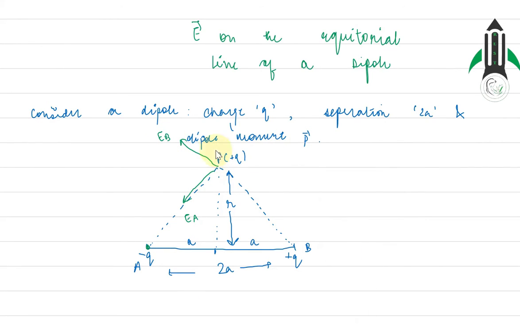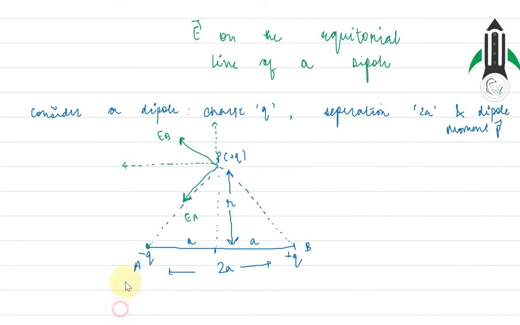Sorry, I'll have to rub this part a bit for the derivation. So this is the electric field due to charge at A and this is the electric field due to charge at B. Now we'll draw a line parallel to AB and we'll extend this line here. We'll use this in the further derivation.